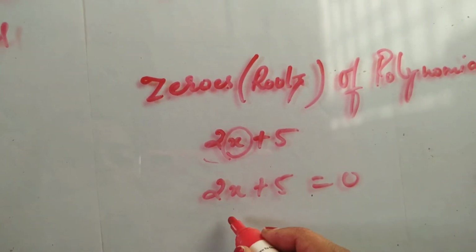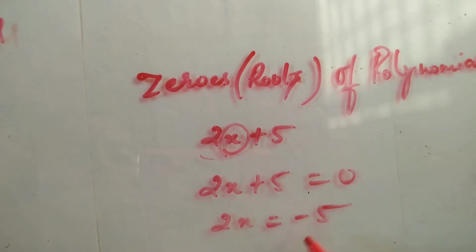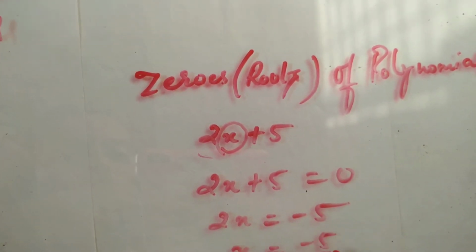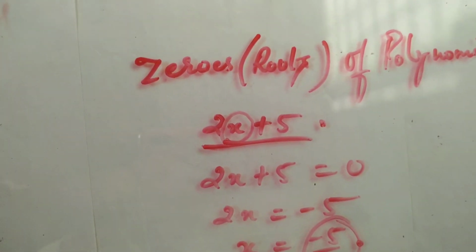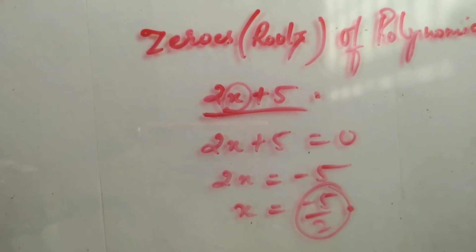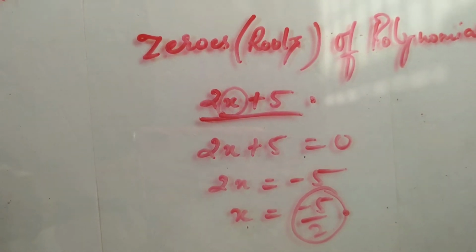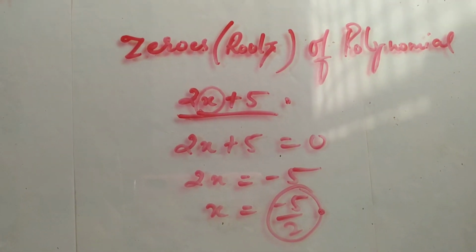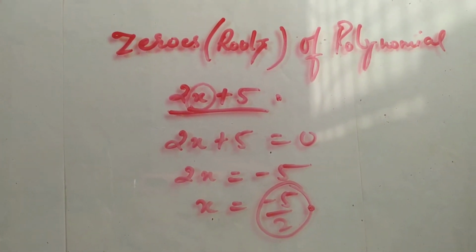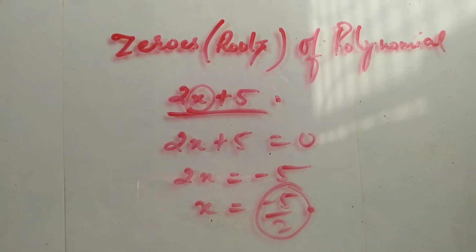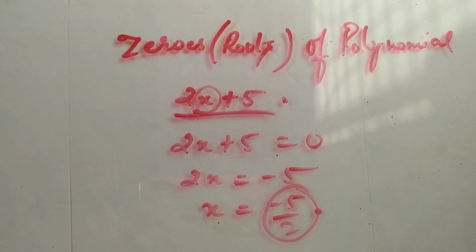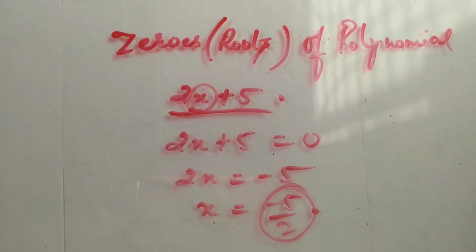So just solve, x is minus 5 by 2. So minus 5 by 2 is the zero of the given polynomial or root of the polynomial. That means whenever we need to find the zeros of a polynomial, just put that polynomial equal to 0 and find the value of x. That x is the zero or root of the polynomial.